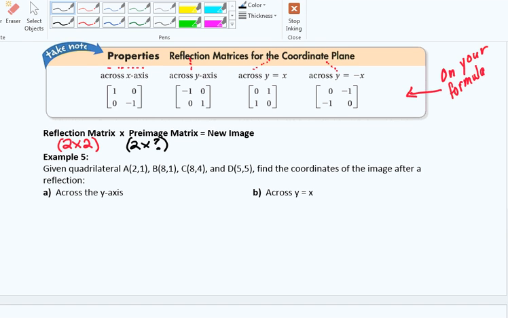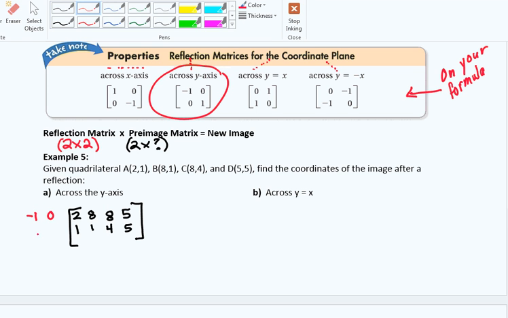Okay, so given the quadrilateral, A is 2, 1, B is 8, 1, C is 8, 4, and D is 5, 5. Find the coordinates of the image after the reflection across the y-axis. All right, so I'm going to go up here and find the one that says across the y-axis. I'm going to put it out in front.